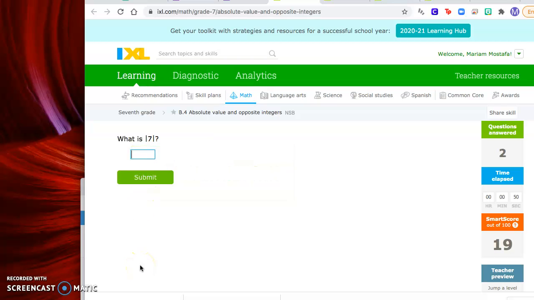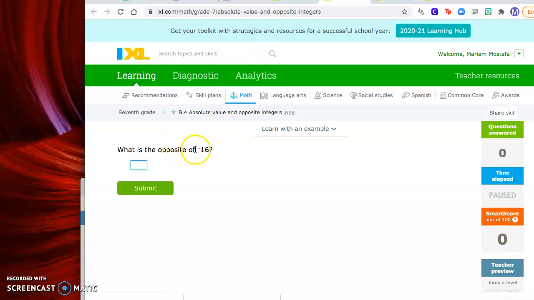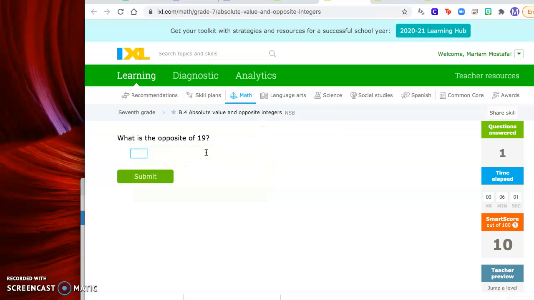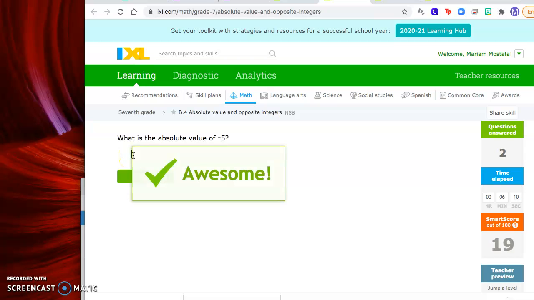Now, if I have the opposite of negative 16, because it's a negative value, the opposite would be positive 16. The opposite of 19, again, would be negative 19, because it's the same number, just the opposite sign.